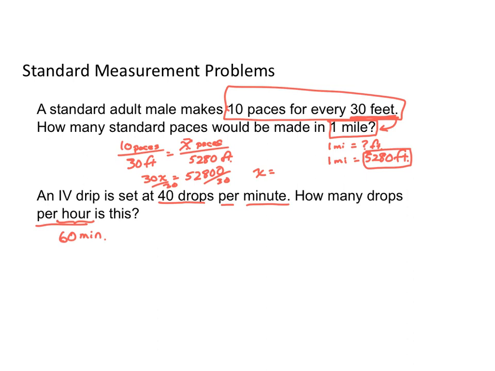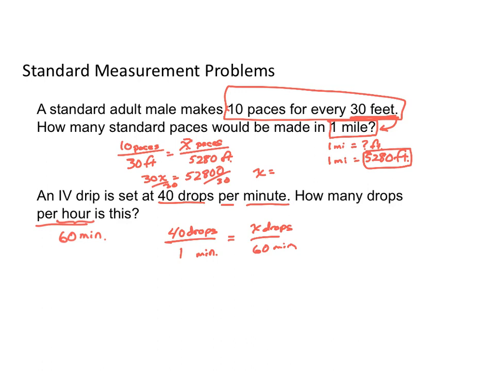Okay, well, we could write this proportion the same way we did the last one. 40 drops for every 1 minute, remember per minute implies 1 minute, is how many drops for 60 minutes.